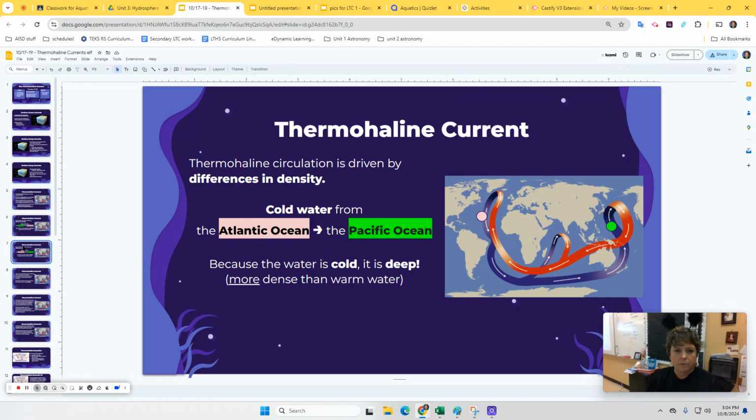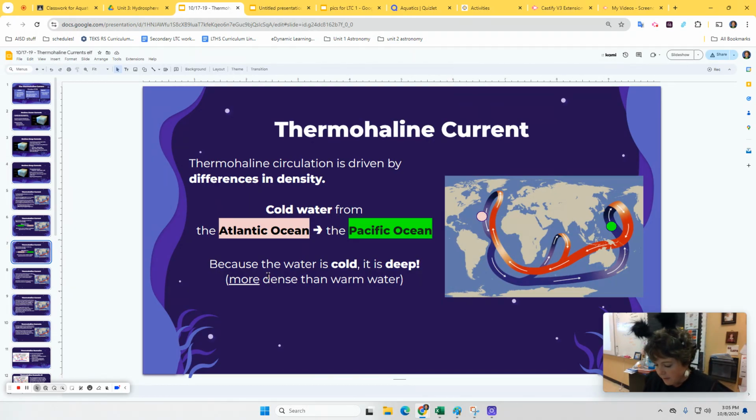And then cold water from the Atlantic Ocean moves to the Pacific Ocean, right here. From the Atlantic moves to the Pacific. And this cold water is deep. It's more dense, so it sinks way down to the bottom, and it is very deep.